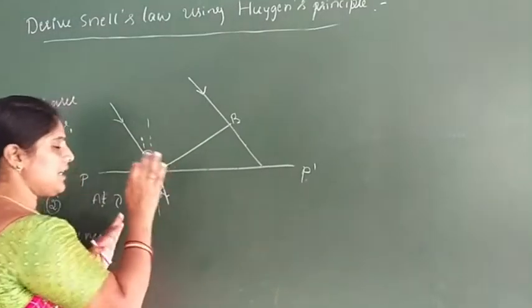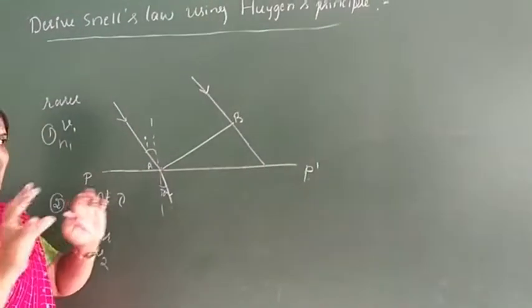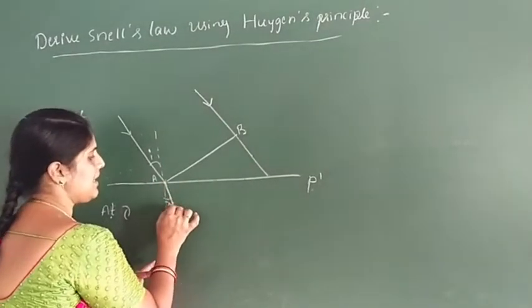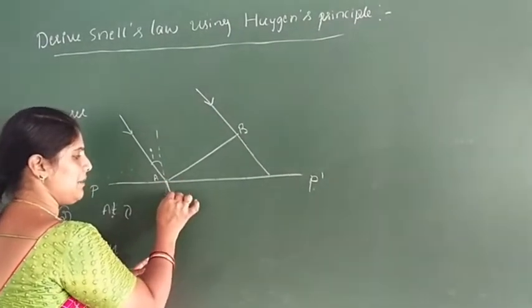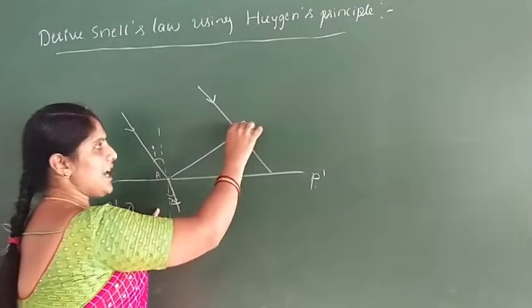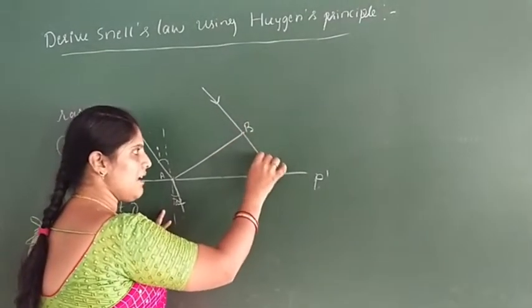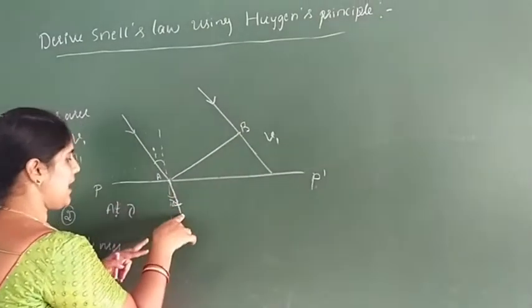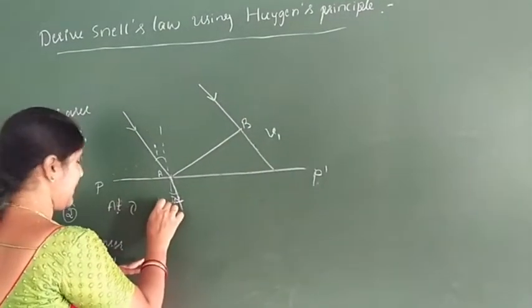So in that interval of time, the left edge travels a certain distance like this in the second medium, while the right edge is still traveling in the first medium with velocity v1. It travels in the second medium with velocity v2.